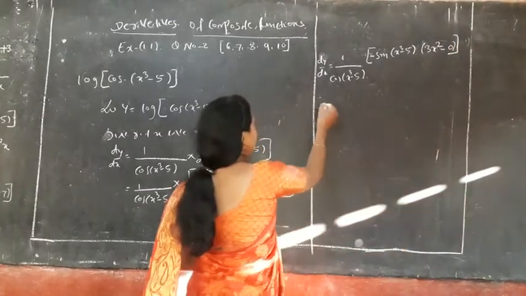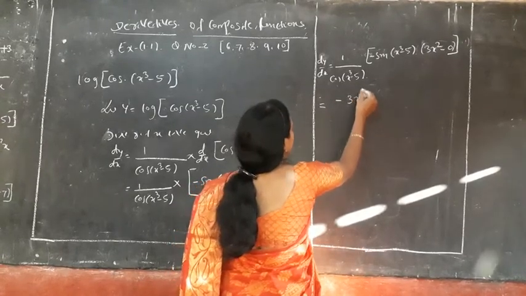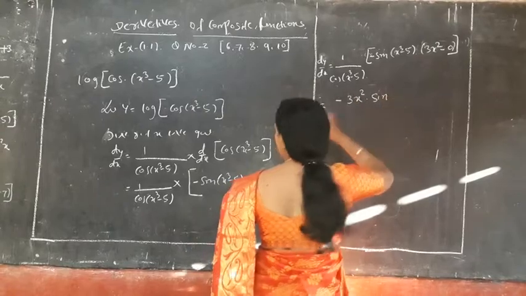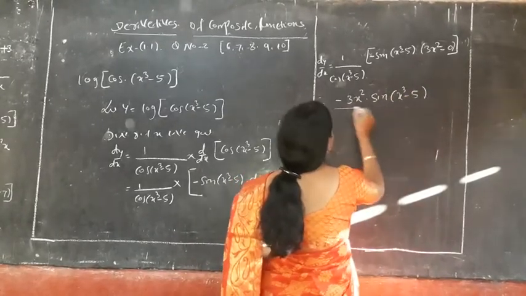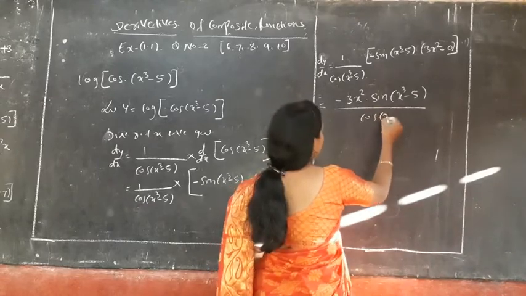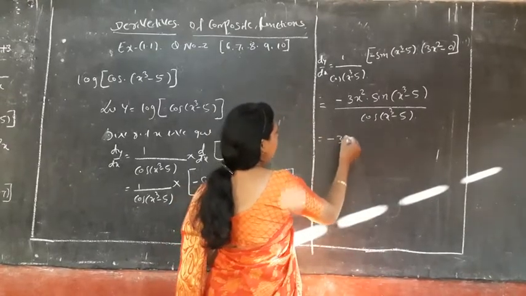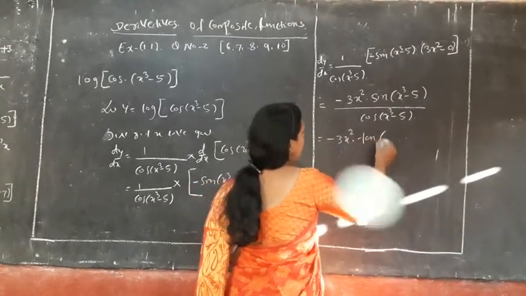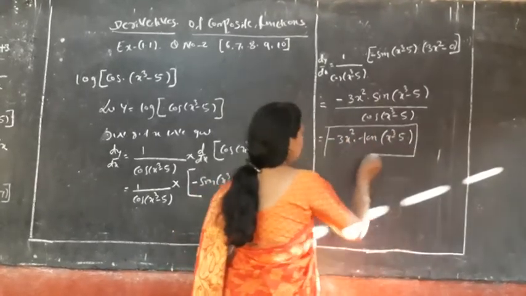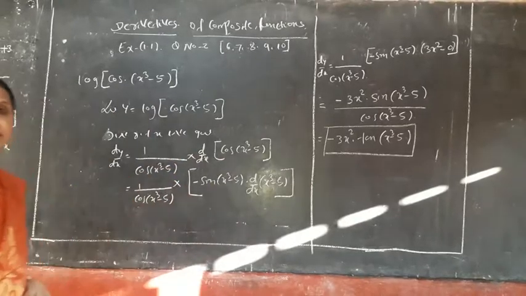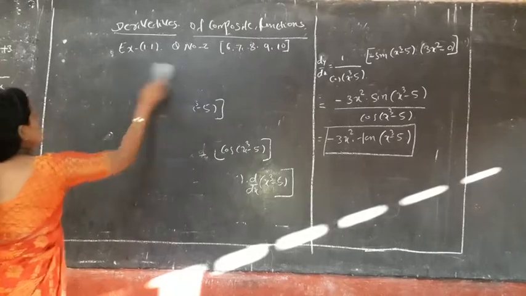So finally, minus 3x square sin of x cube minus 5 divided by cos of x cube minus 5. This is equal to minus 3x square tan of x cube minus 5. This is the answer for the third example. Next, consider the fourth one.